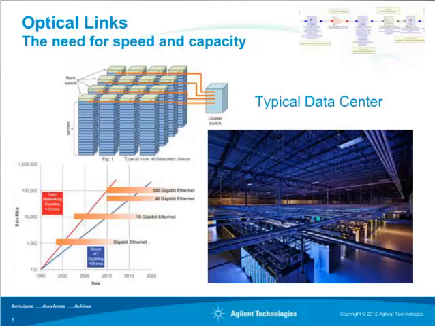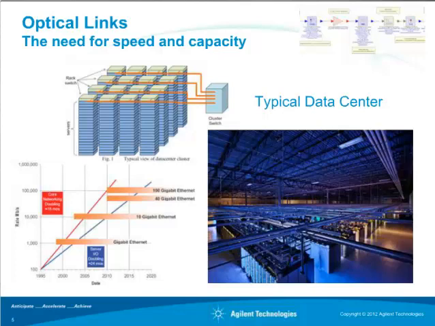The kind of link we're talking about today really forms the backbone of such data centers. And you'll see in the graphic on the bottom left corner that data rates are increasing at an almost exponential rate. We're looking at 40 gigabit Ethernet, 100 gigabit Ethernet, and perhaps even beyond that coming up soon.